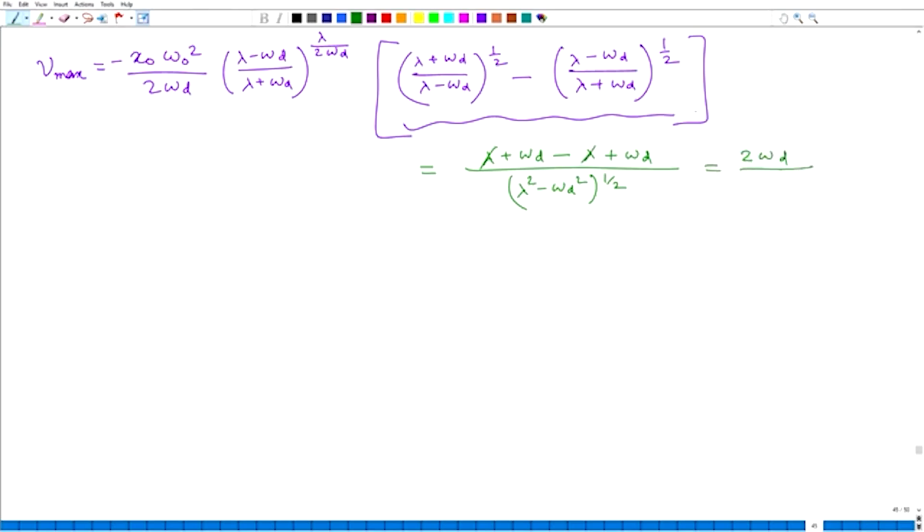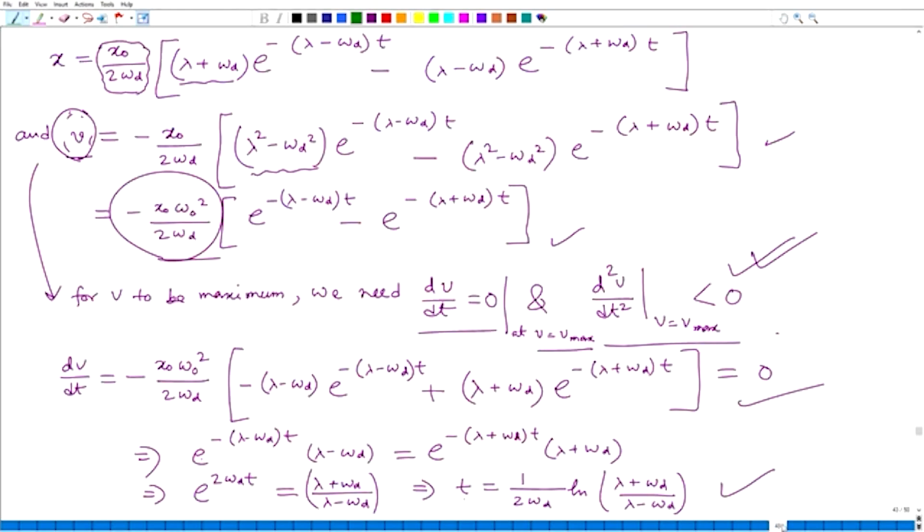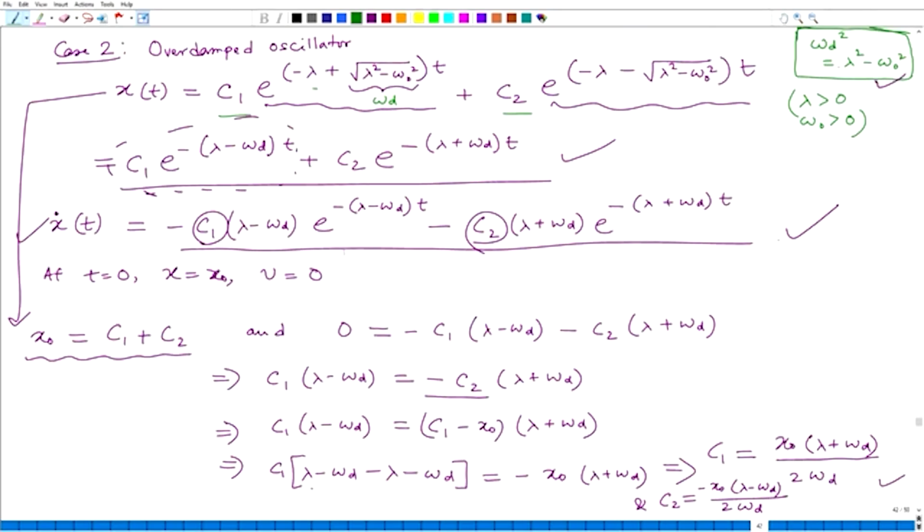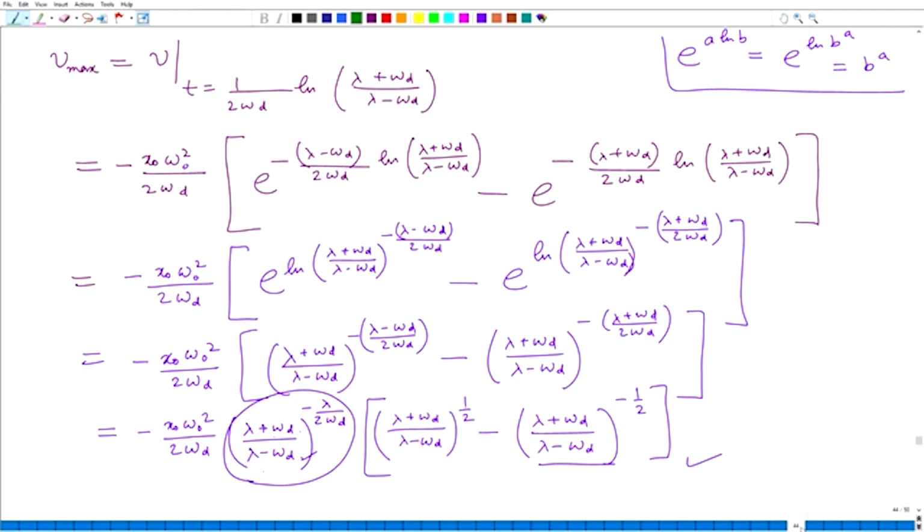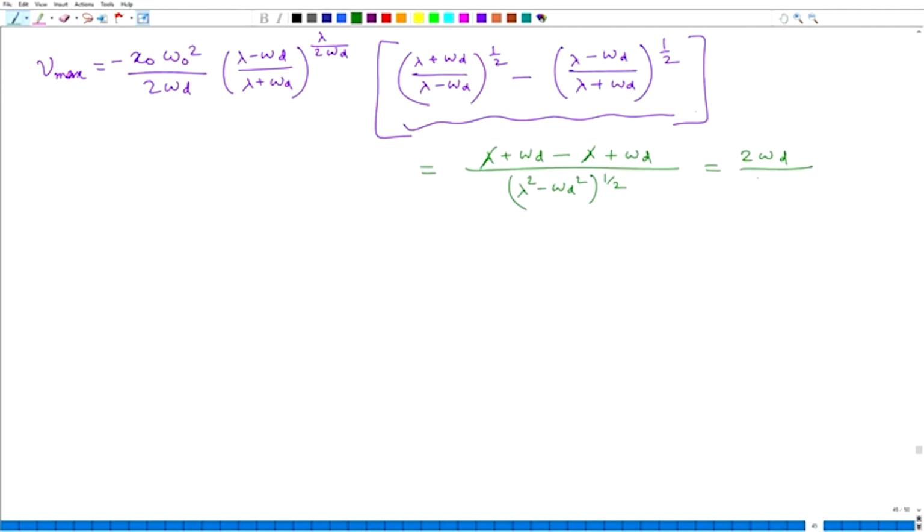What is again lambda square minus omega d square? Lambda square minus omega d square is omega 0 square, okay. So, this is omega 0 square whole to the half, that is omega 0. So, I can now write V max will be simply equal to minus x 0 omega 0 square by 2 omega d, (lambda minus omega d) by (lambda plus omega d) whole to the lambda by 2 omega d times 2 omega d by omega 0.